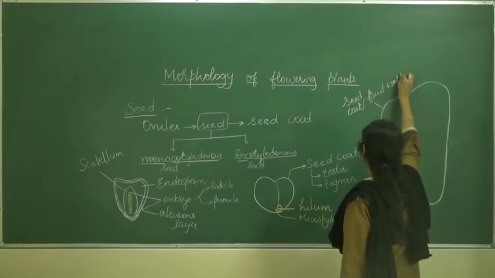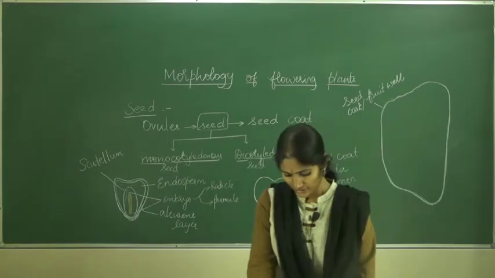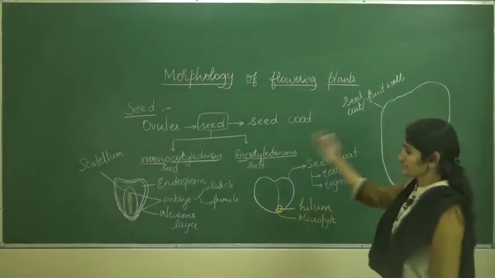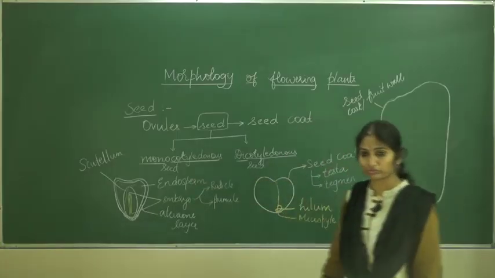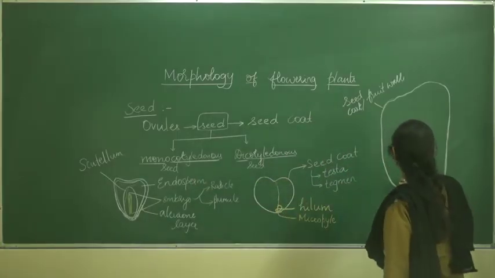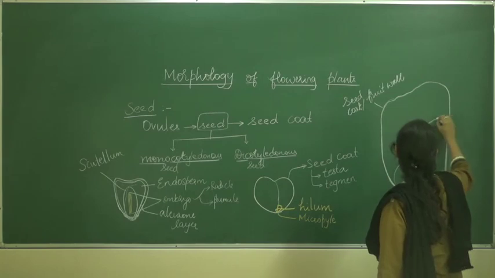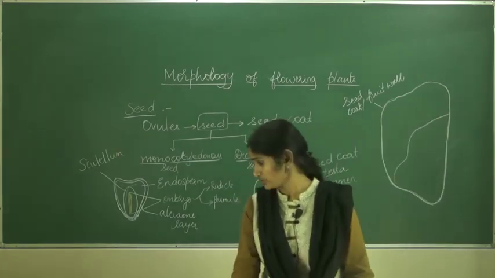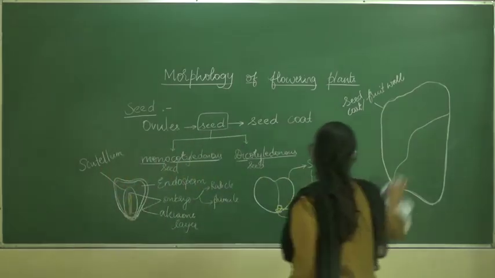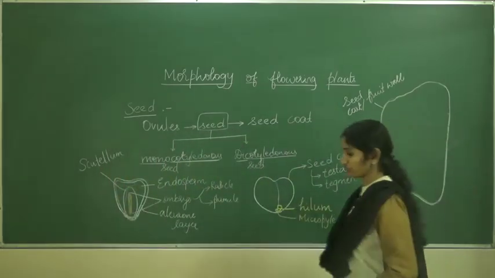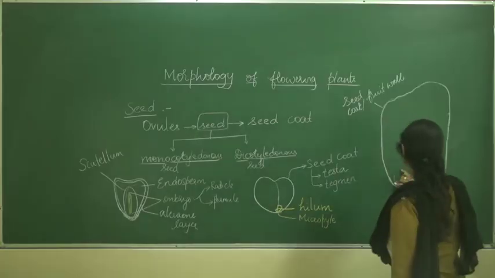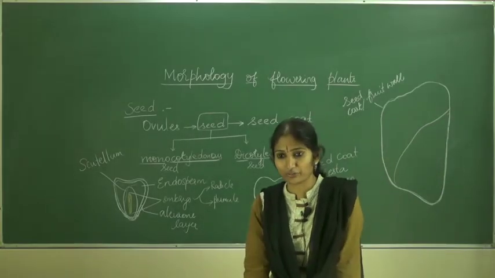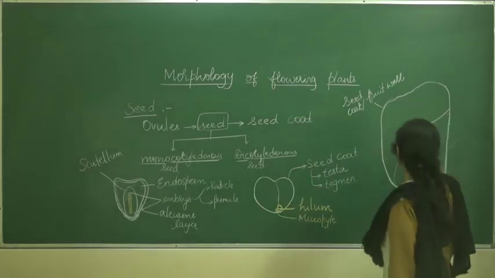Inside, what you see is the endosperm. Most of the endosperm is present here, covering almost 3/4, or slightly less than 3/4. So much of the seed is covered by the endosperm.